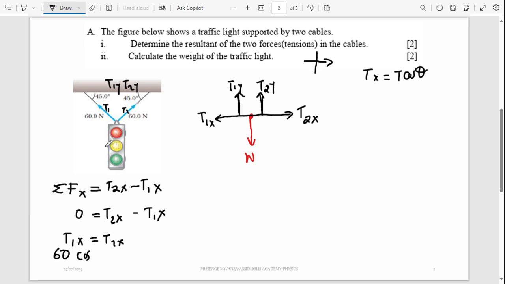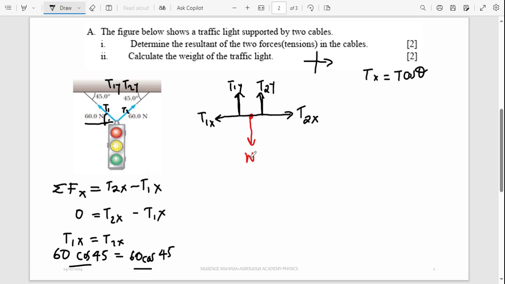But what is theta? Theta is the angle that this is making. We said that the angle here is the same as the angle on top, that is 45. And this should be equal to T2 cosine theta. And T2 there is also 60, and then cosine the angle there is also 45. So you see that these two answers are the same.